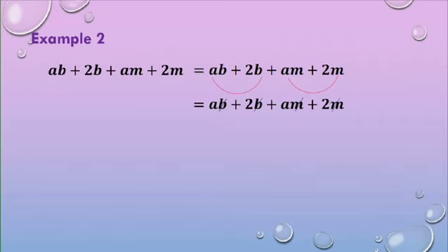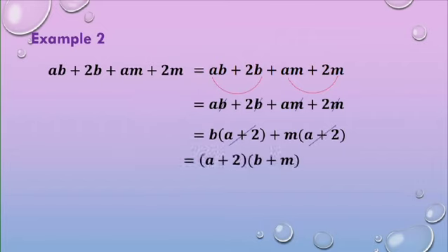So factorizing these four terms in two groups, we have b into a plus 2 plus m into a plus 2. Now, this a plus 2 within brackets is the compound factor. So the answer is, we write a plus 2 within brackets first, followed by b plus m within brackets.